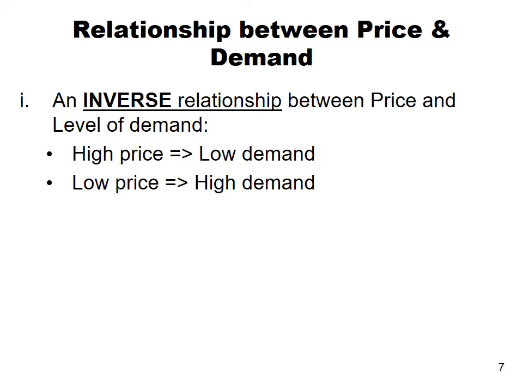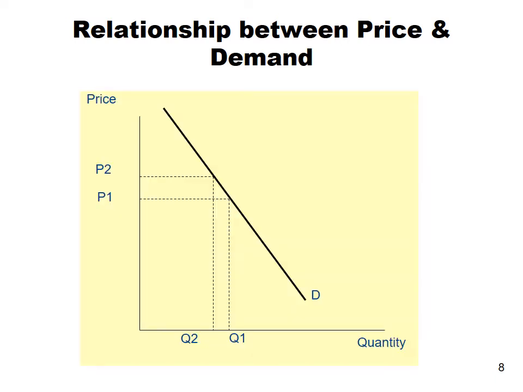You're paying a high price for a premium product. So look at the graph here. The graph shows an inverse relationship between the price and demand. It's curving downward. So as the price goes up, the level of demand will drop. The demand or quantity will drop.